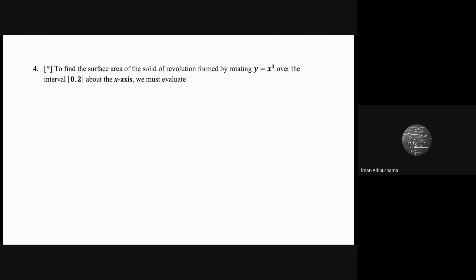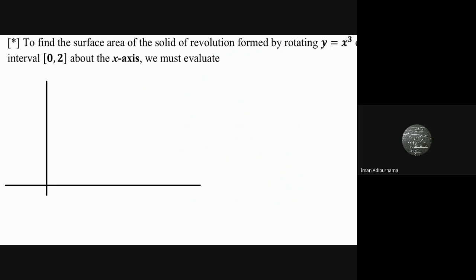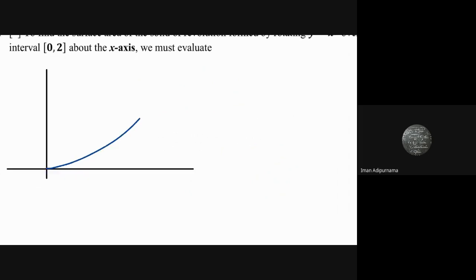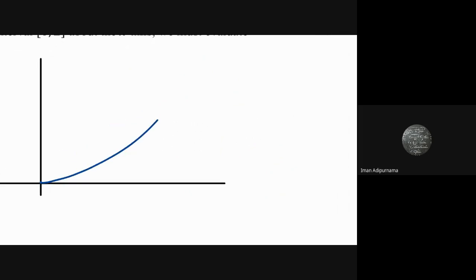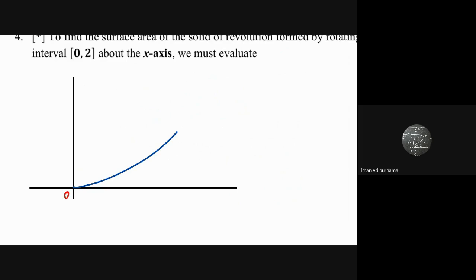Okay, number 4 is quite simple, and I need to review this to make sure that you understand the surface area. Imagine this is x cubed, and we are going to evaluate from 0 to 2, and you need to rotate through the x-axis.